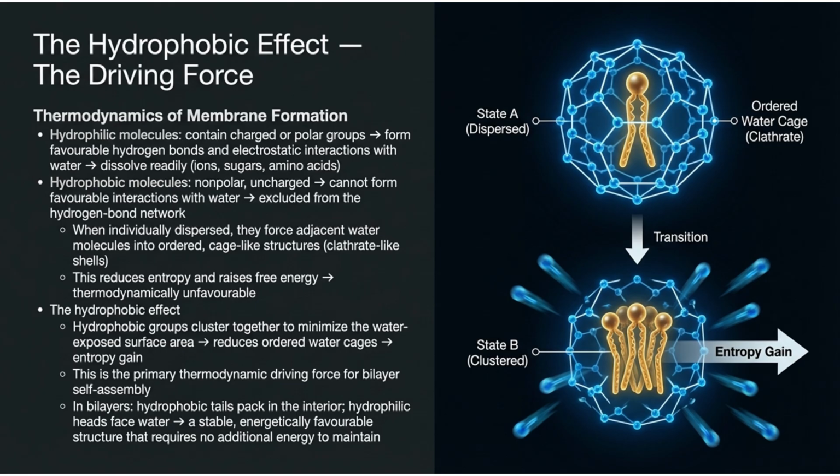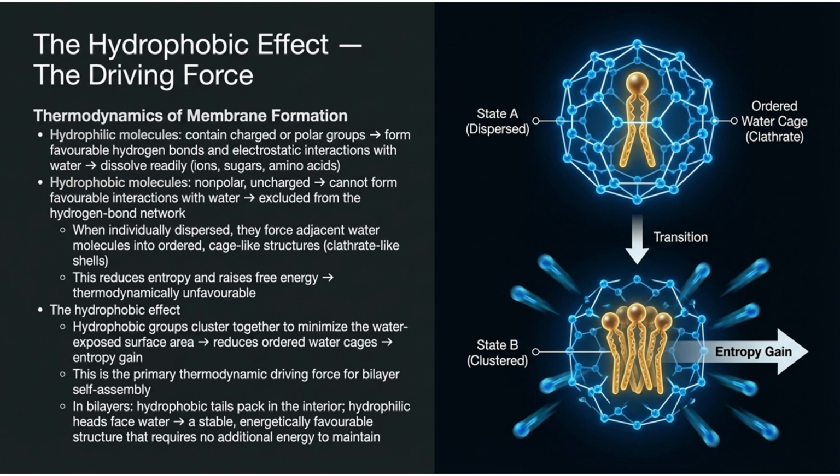Hydrophobic molecules, nonpolar, uncharged substances like fatty acid chains, cannot form these favorable interactions with water. But the problem is not just that they fail to form beneficial interactions. The real issue is what happens to the water molecules surrounding them. When a hydrophobic molecule is introduced into water, the water molecules nearby can no longer form their normal network of hydrogen bonds in all directions.